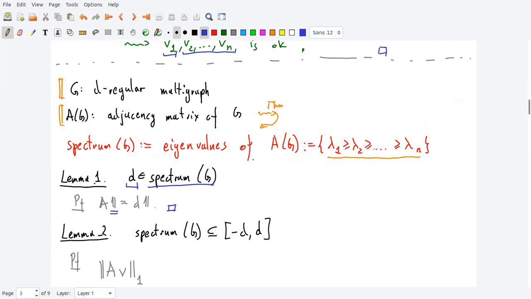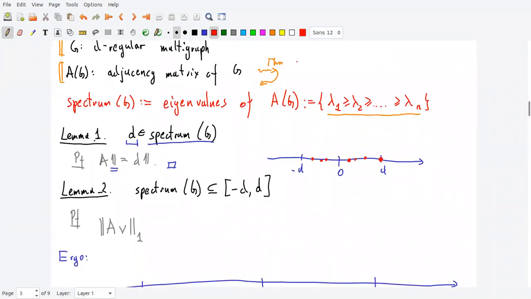I claim that this is actually an extremal eigenvalue, the largest one. All of the other eigenvalues are in the interval between minus d and d. On the line, this picture will appear a lot later. You have here d, you have here minus d. You will have one largest eigenvalue equal to d, and all the other eigenvalues will be somewhere in this interval.